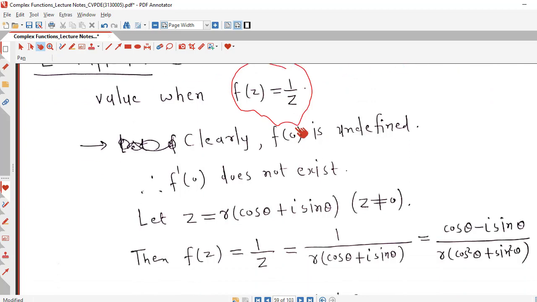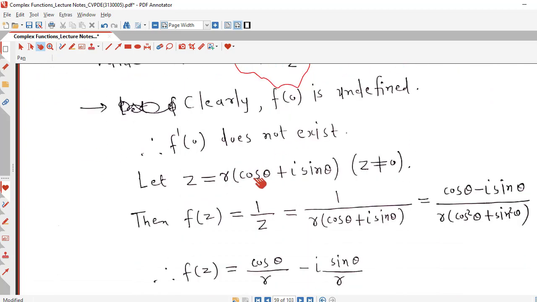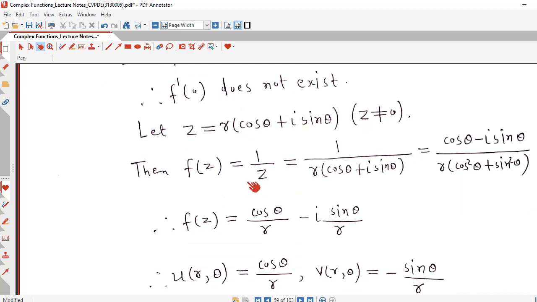So we start by taking z equal to r(cos θ + i sin θ), where z is a non-zero complex number. So f(z) is 1/z, and we put the value of z here. Again we have to multiply by the conjugate of cos θ + i sin θ, that is cos θ − i sin θ, and this is going to be cos²θ + sin²θ.